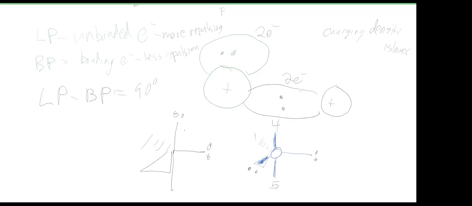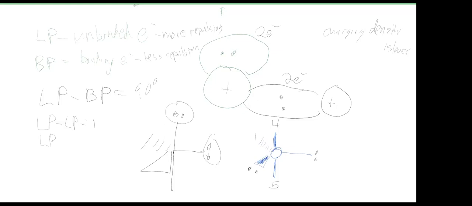And then you had to figure out how many of the different interactions there were. So you only counted the ones that are 90 degrees away from each other. Right? And so this one would have one lone pair to lone pair, because this lone pair is 90 degrees away from that one. Do you see that? Yes.